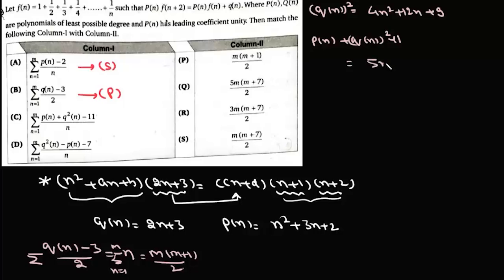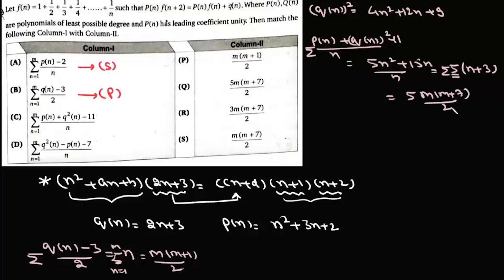So there will be 5n square plus 15n plus 11 minus 11, and we need it divided by n. So there will be 5 into n plus 3. So if we find this summation, it is the same summation of n plus 3, just that we have additionally this 5. So it will be this 5 and this first answer, which is m into m plus 7 by 2. That means this C matches with Q.